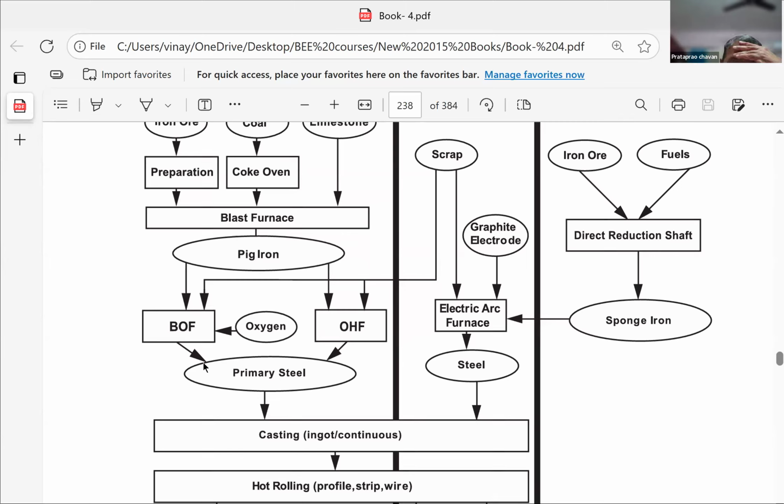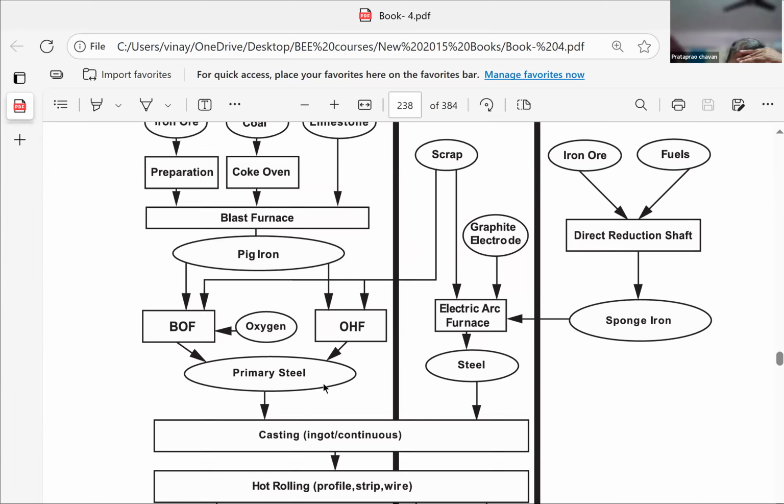Now, primary steel as it is cannot be used in the industry. What we need is rods, flat plates, chains or thin wires of this steel, many uses of steel. So primary steel is the raw material for all these others.